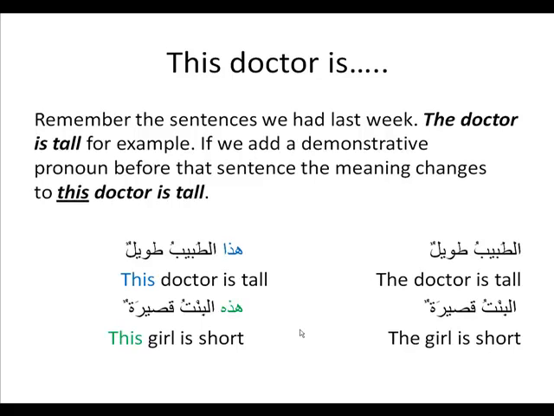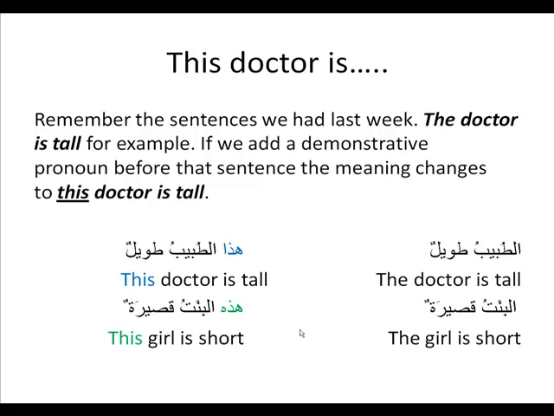Now, if one wants to expand on these sentences a little bit and say something like this doctor is tall instead, or this girl is short, the only thing you have to do is to add the demonstrative pronouns that we just learned in front of the sentences. So, الطبيب طويل, the doctor is tall, becomes هذا الطبيب طويل.